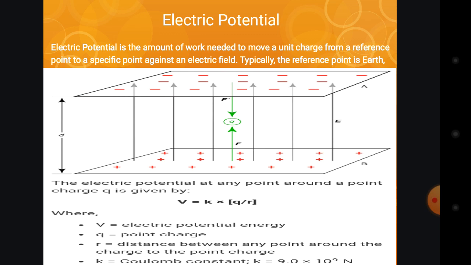The R, or the d, is the distance from any point around the charge to that point charge.